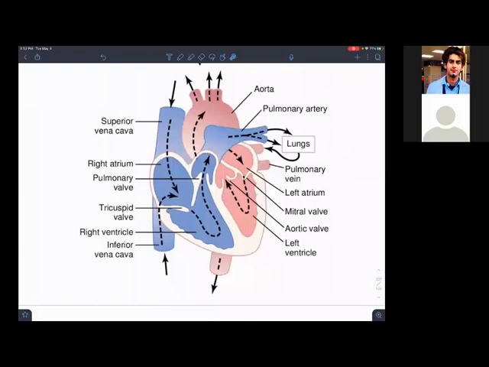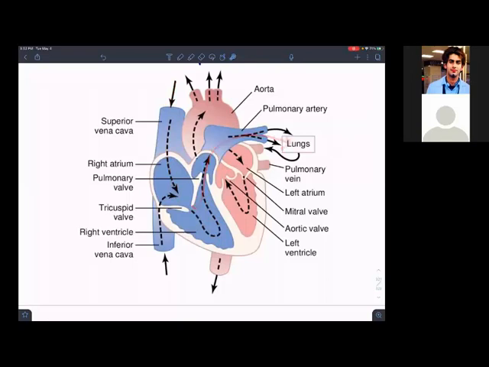Now, to give you an overview of the mechanism, we haven't talked about how blood is coming and going. Things come into the right atrium. In the right atrium, it has to open this door so that it can reach the right ventricle. And in the right ventricle, during ventricular systole, it will eject the blood into the pulmonary system, going through the pulmonary artery into the lungs.